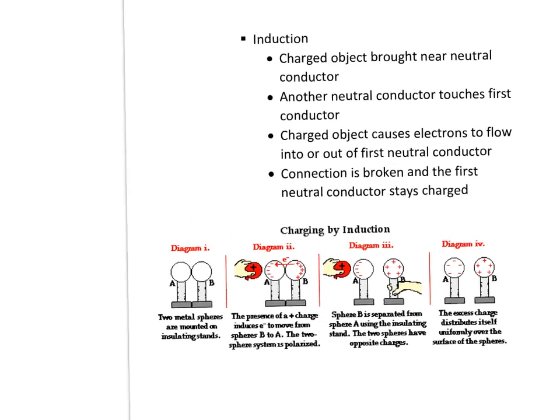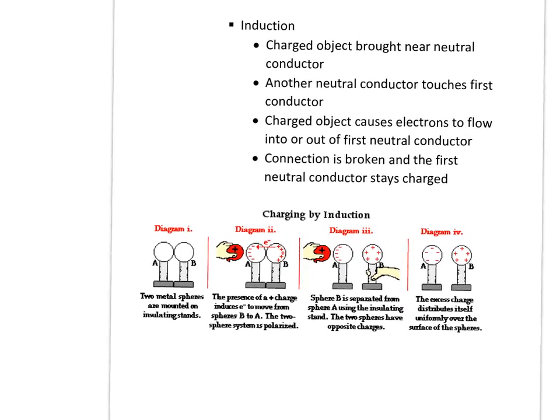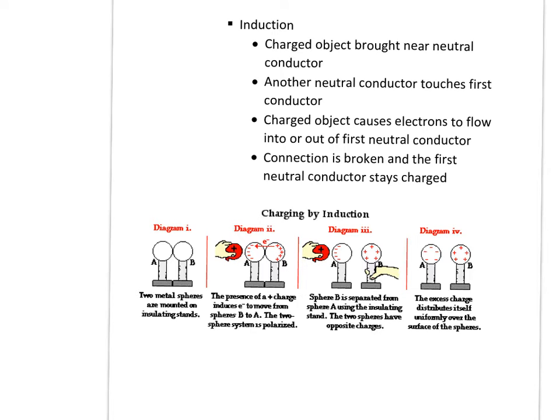Let me make this a little smaller so we can get everything. There we go. Okay, so step 1 of induction. You have two metal spheres, both neutral. You have the charged object, in this case positive, being brought near but not actually touching a neutral conductor. The positive object is attracting the electrons from the neutral conductor. You have a second neutral conductor already touching the first.